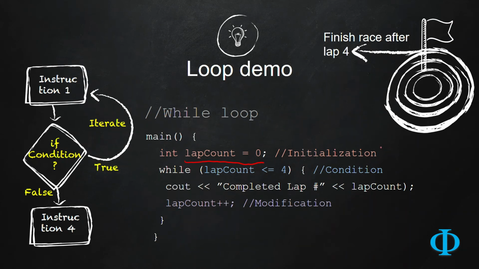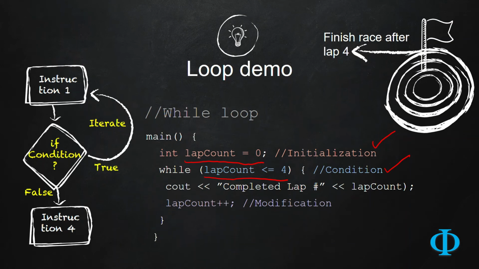That part from where the loop is starting is called initialization. And how long the loop should iterate is depicted here: lap count is less than or equal to 4. After while, inside parentheses, you have to write this. This part is called condition. Based on the truth value of this condition, it will be decided how long this loop will be executed.